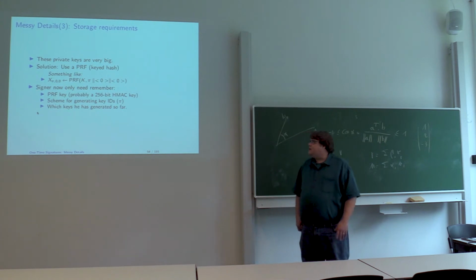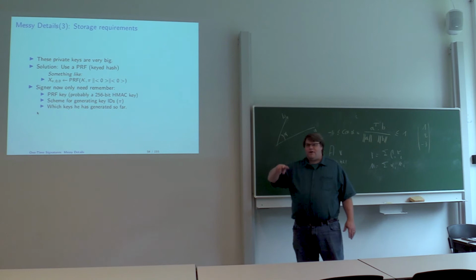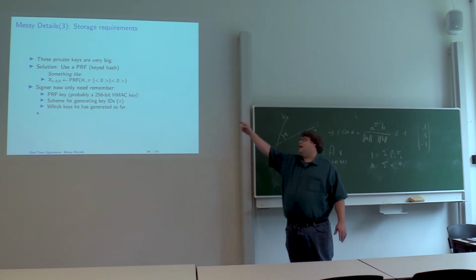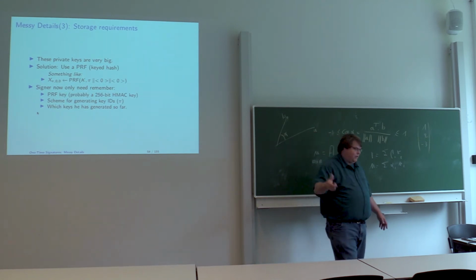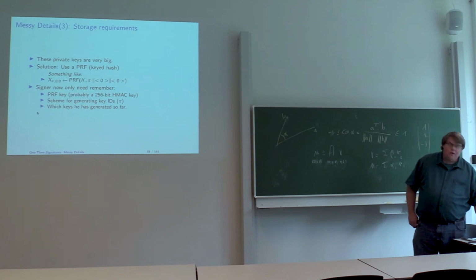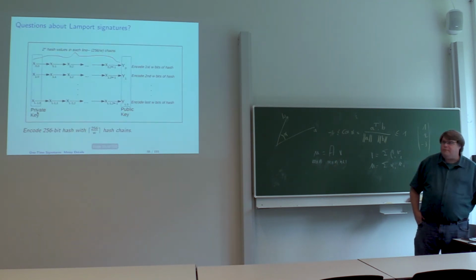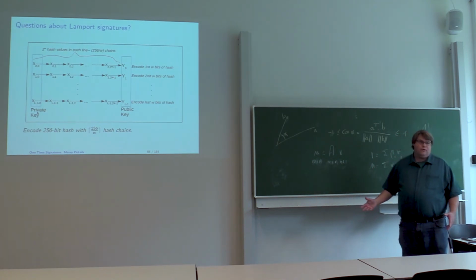You choose that PRF key, and then you have some sort of unique identifier for each key that you use, and for each key you hash together a bunch of stuff and an index and generate the secret value. So the result is you don't have to have a lot of storage. I'll talk in a minute about someplace where we do still run into problems with storage.